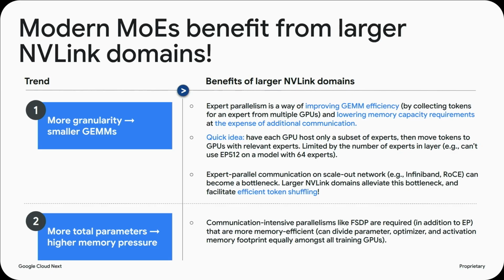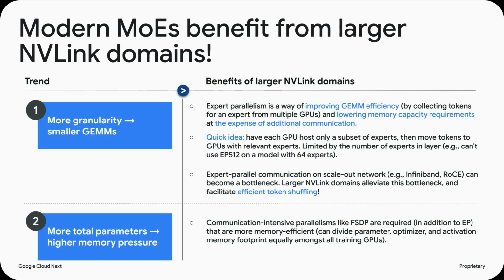And then also, as you might have seen on the previous slide, the number of experts is increasing. That means that the total number of parameters in a model is increasing for the same active parameter count. And so when we're training these models, we need to have enough GPU memory to keep around the model parameters, the optimizer state, and the intermediate activations.